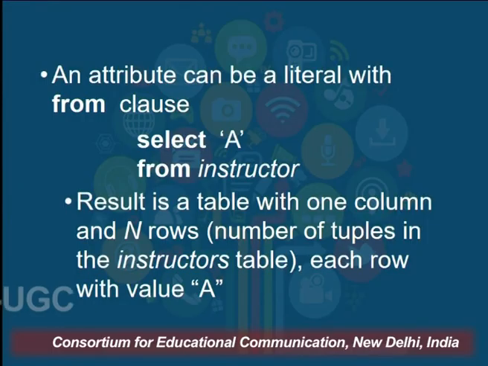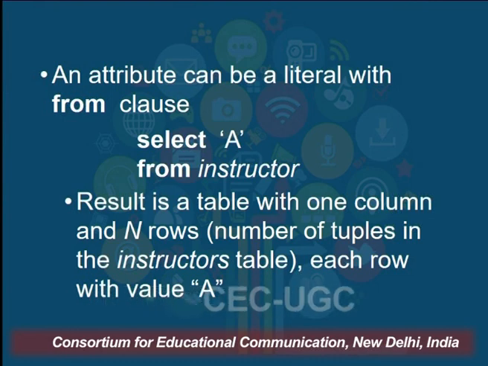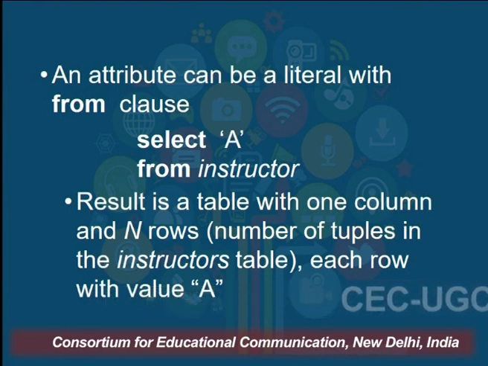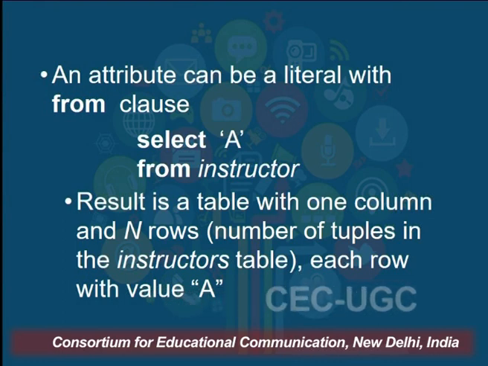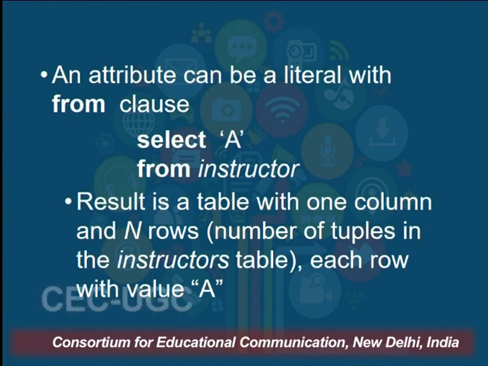For this we will write select A from instructor, and here the result will be a table with only one column and n rows, and the data inside each row will be A. What is this number n?